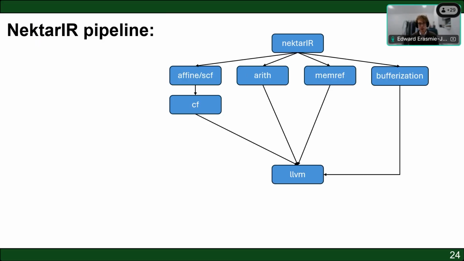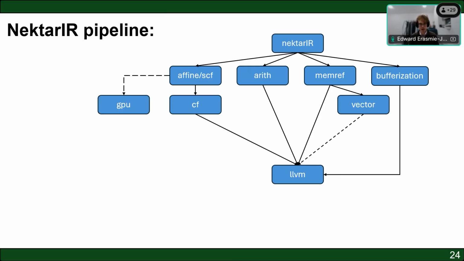The next step will be to convert this to LLVM for a simple kernel. If you're, for instance, targeting a SIMD architecture, you will then go to the vector dialect instead, and then to LLVM. If you're targeting the GPU, you'll go to the GPU dialect, and then depending on the vendor you're going for, there are several vendor-specific dialects that you can convert to and lower to, such as NVVM for NVIDIA in this example.